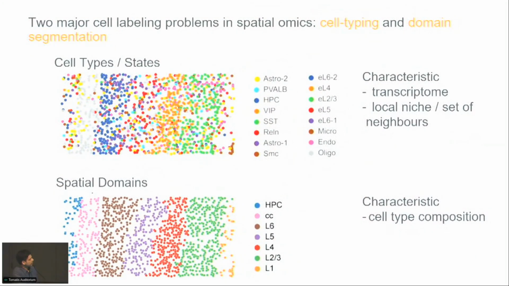The other thing is spatial domains. You can label domains by the average cell type composition, or you can use the average expression of genes in a given neighborhood. That's the other proxy you can use to define spatial domains. And we'll go over how Banksy is able to solve these two labeling problems.